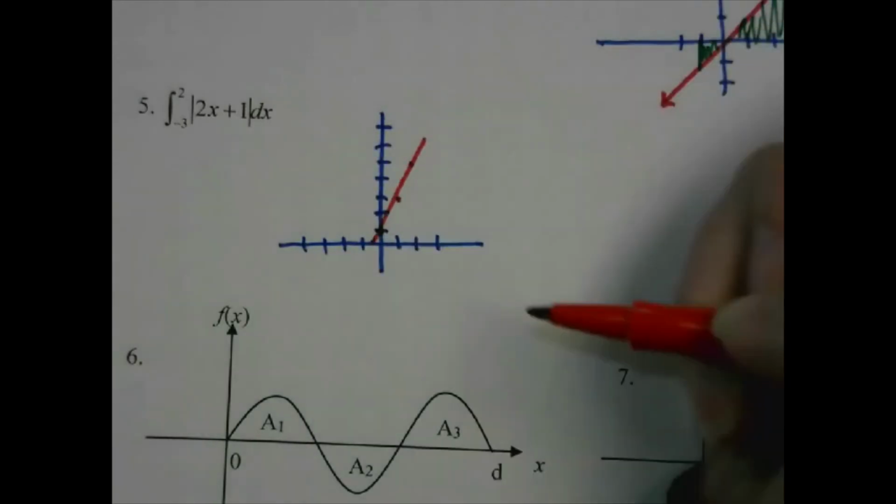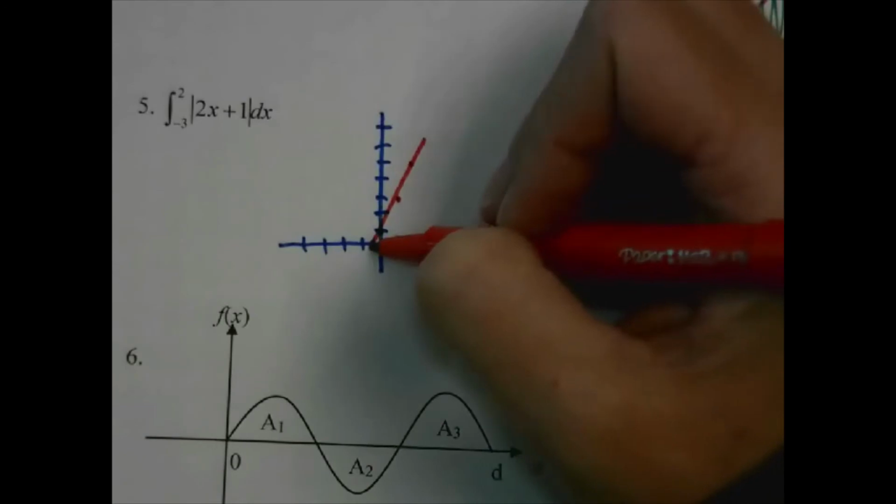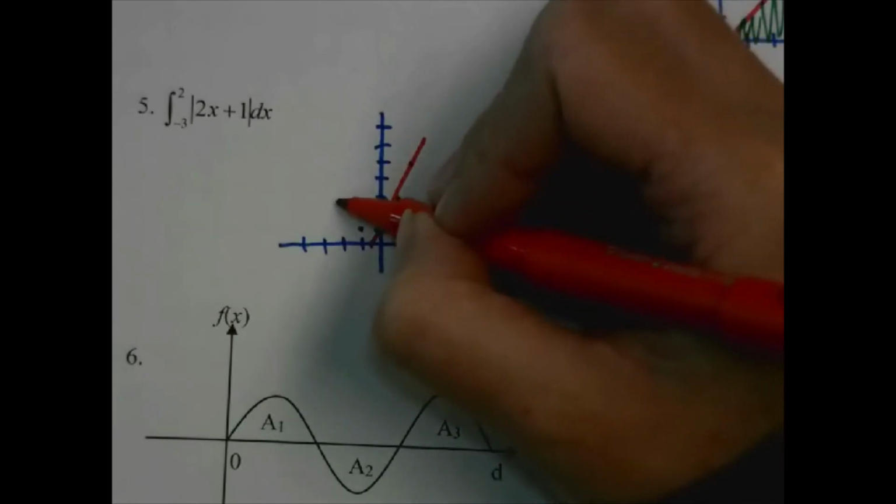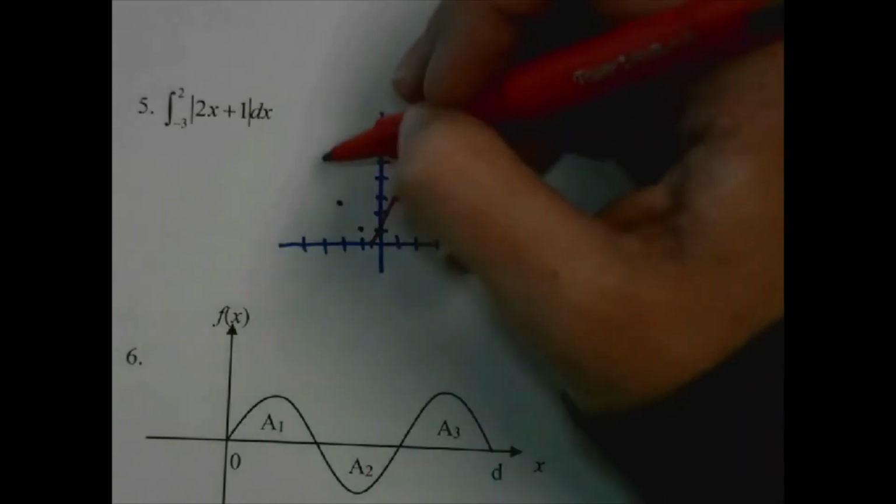Go here, but then it's going to bounce up because it's the absolute value of that line. So my next dot is going to be here and here.